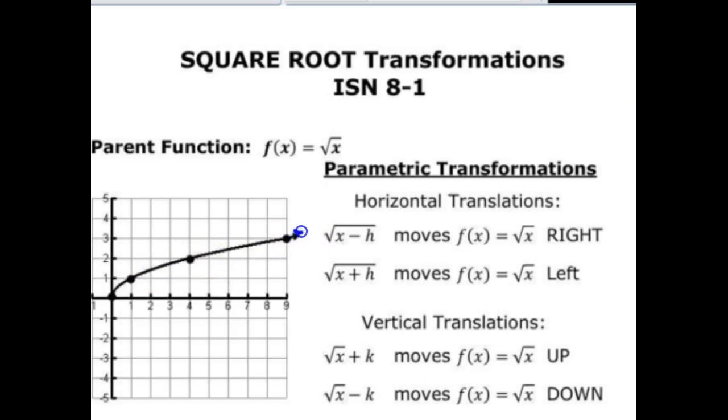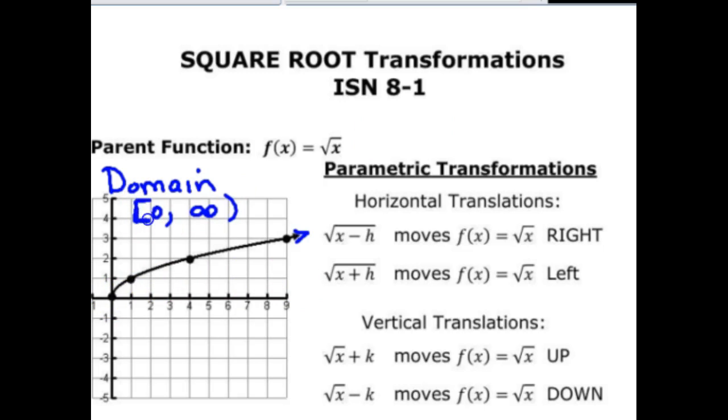And what it keeps going. It keeps going to the right. It keeps going up. What they didn't put here for you is the domain. The domain of this graph. Do you remember the domain is the x values? So it starts here and keeps going that way.